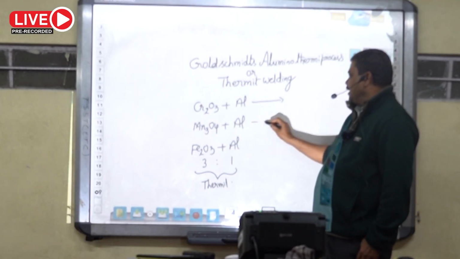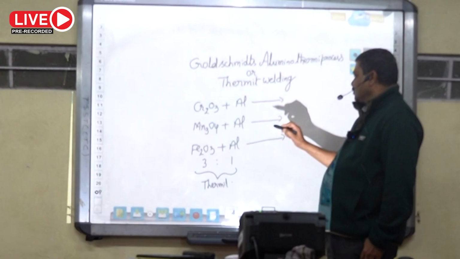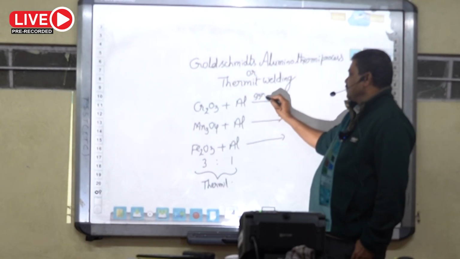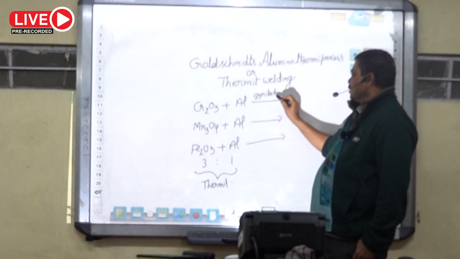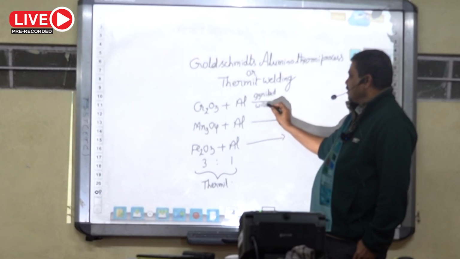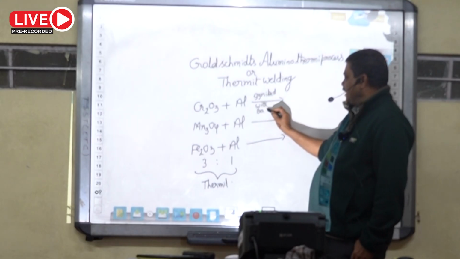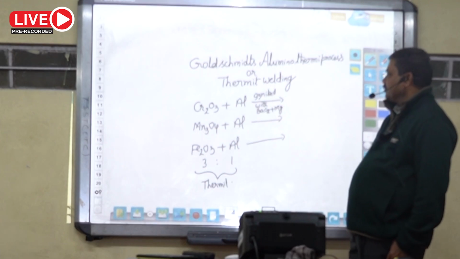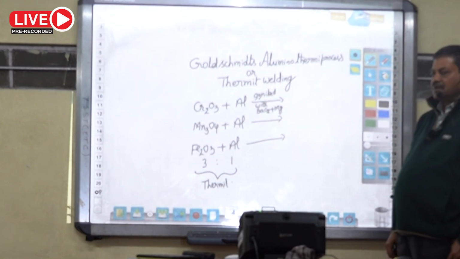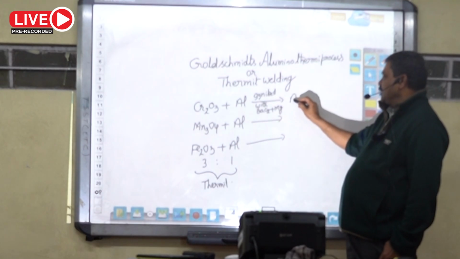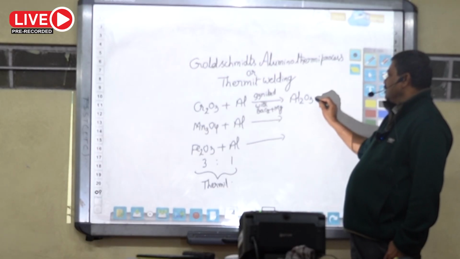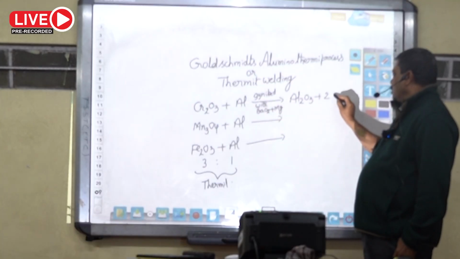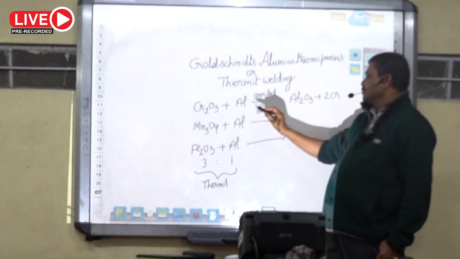Now it is ignited with barium peroxide plus magnesium ribbon. Then it becomes Al2O3. If oxygens are taken away by aluminium, 2 chromiums are left.